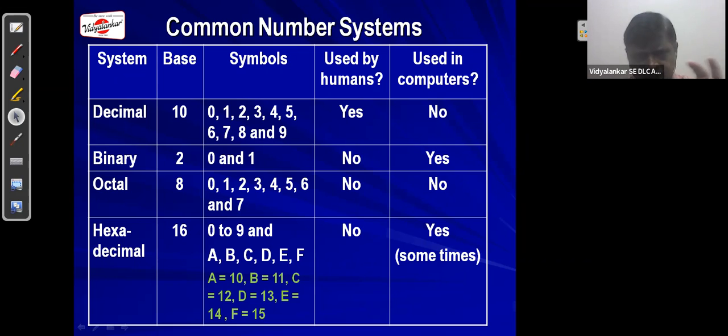I will give you a small dictation. Check if you have any questions. My question is, any questions? I'm expecting two-way communication. It's not a monologue, it's a dialogue.